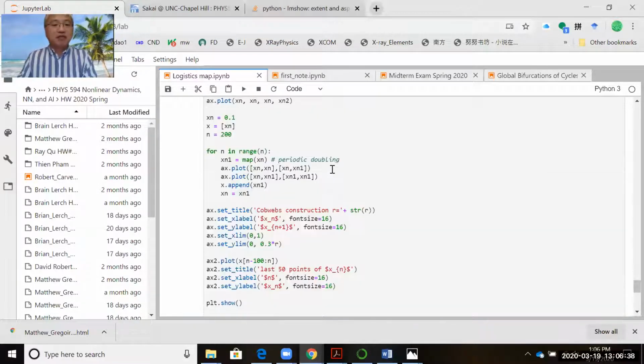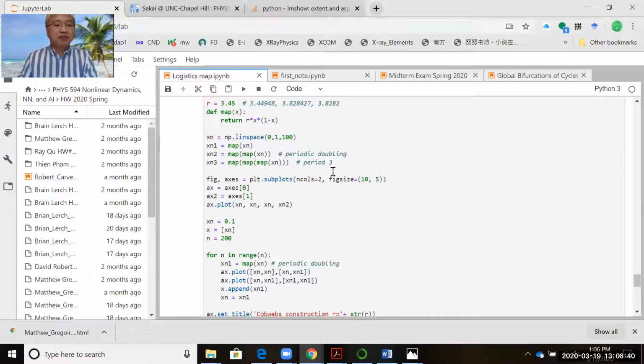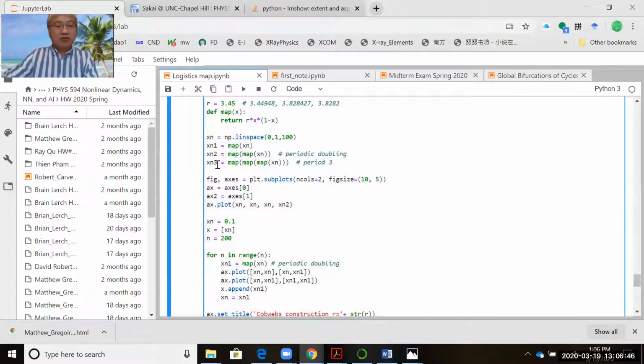So let's do the fourth iteration map. I map this 4 times.